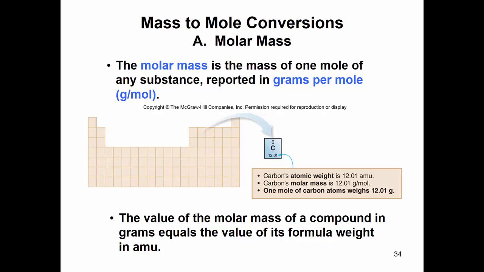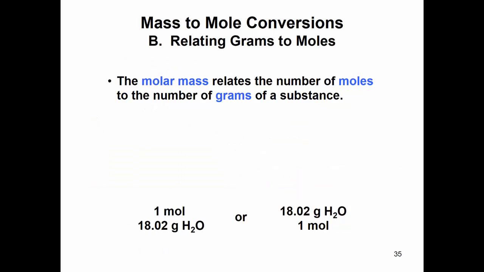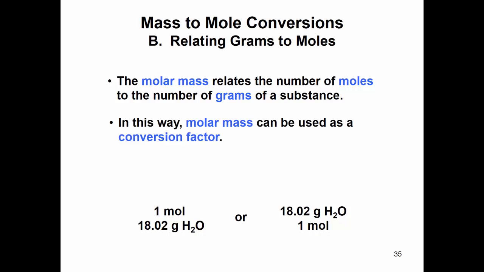The only thing that's changing is our unit. Carbon's atomic weight is in AMUs, but the molar mass is based upon 1 mole, because every element is based on 1 mole. That's the commonality of our periodic table. So the value of your molar mass is equal to the formula weight.